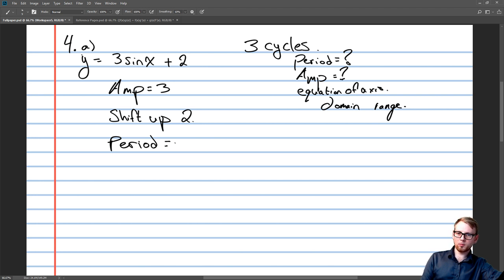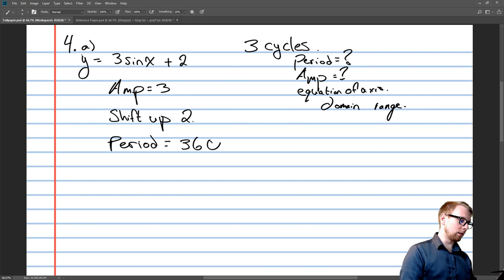What's the period of the regular sine function? The regular period, 360. Good. 360 is the regular period.